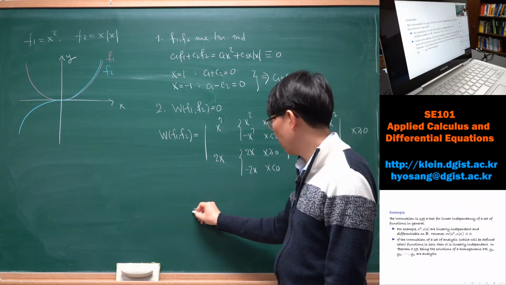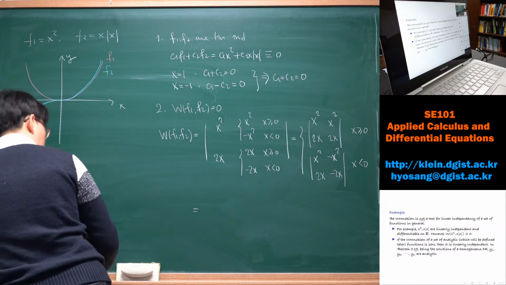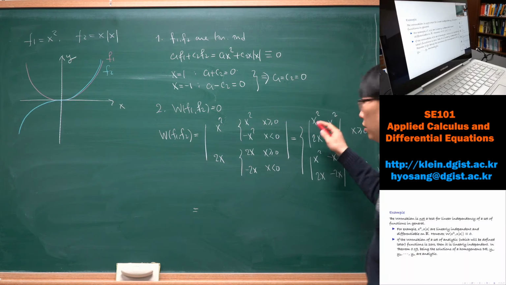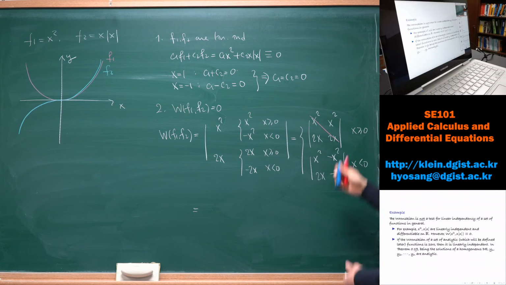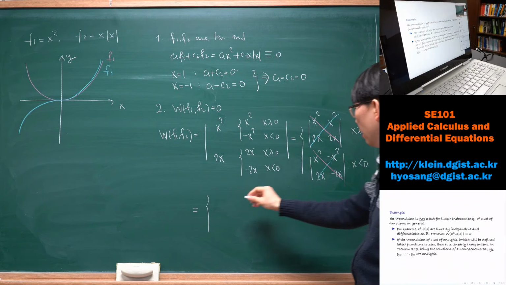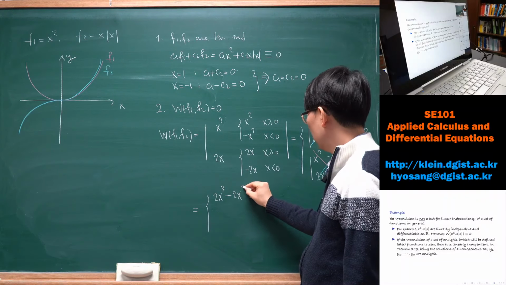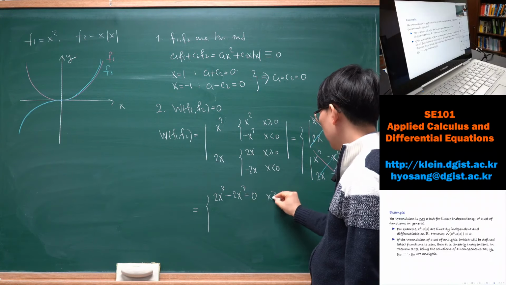Now, do the same thing, just follow the definition of the determinant of a 2 by 2 matrix. Multiply this direction and then subtract the product in the other direction. So in the first case, you have 2x cubed minus 2x cubed, which is 0.